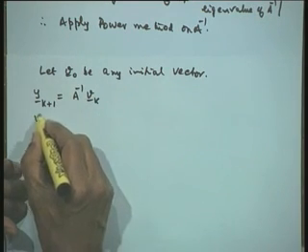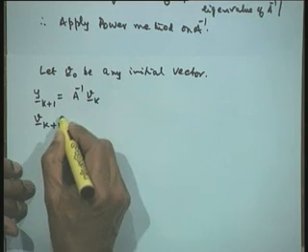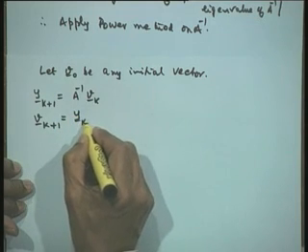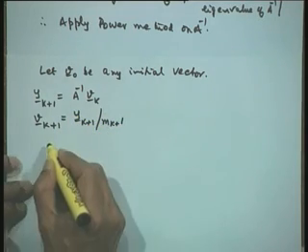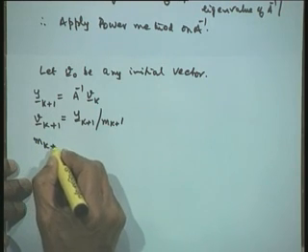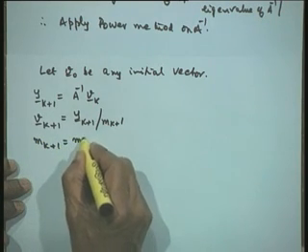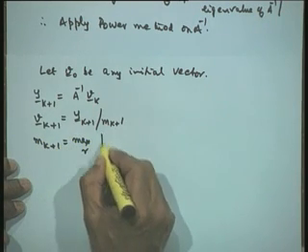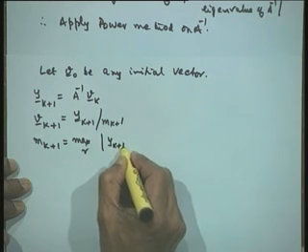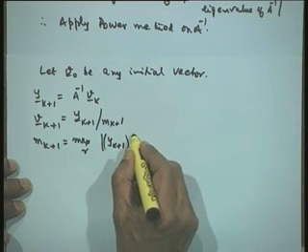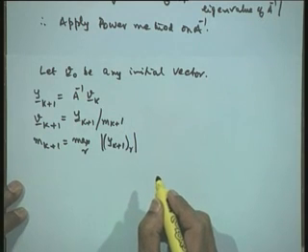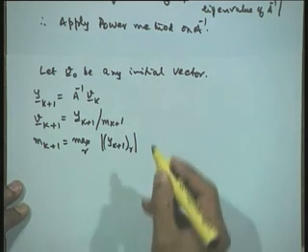Then V k plus 1 is equal to y k plus 1 divided by m k plus 1, and m k plus 1 is the largest element in magnitude of this.